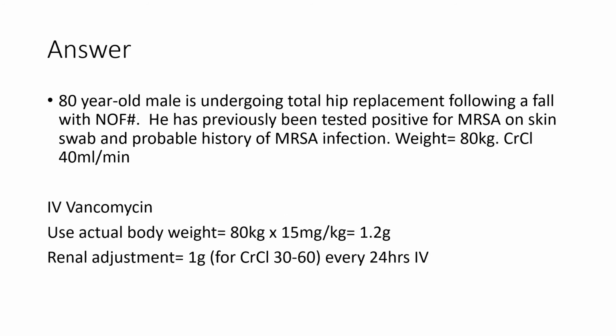Hence, the answer will be IV vancomycin using the actual body weight to calculate the dose, in this case 1.2 grams, however renally adjusted to 1 gram. All adjustments like this can be found in our Australian Medicines Handbook online.